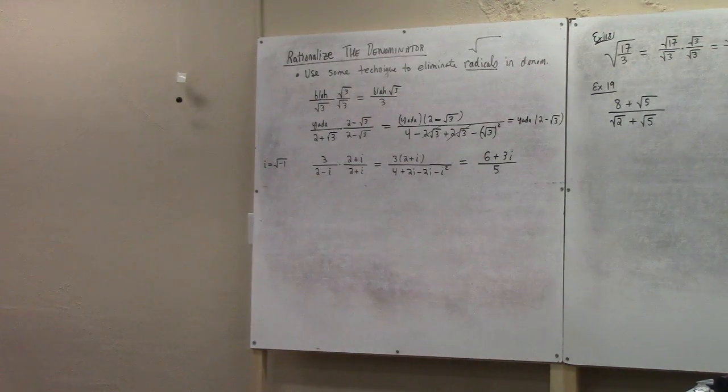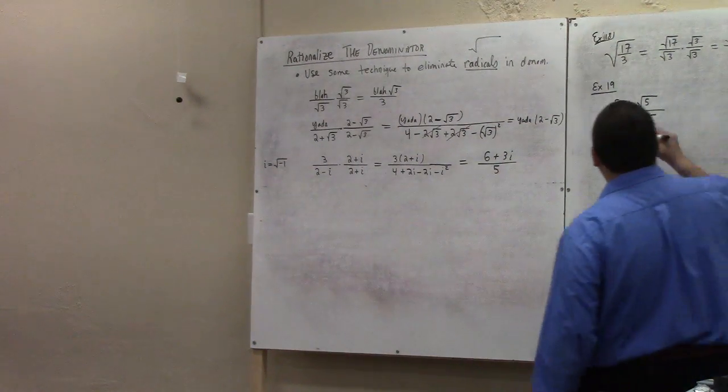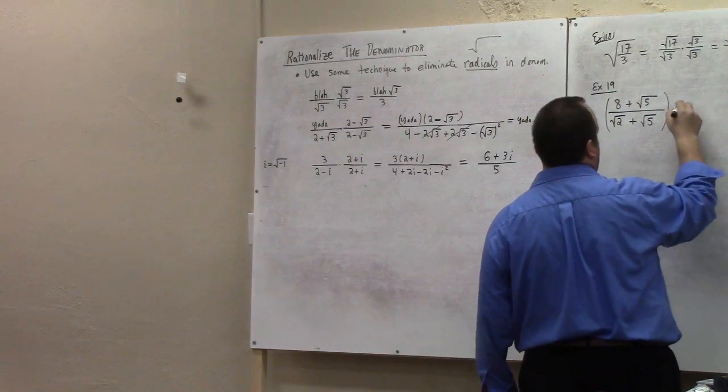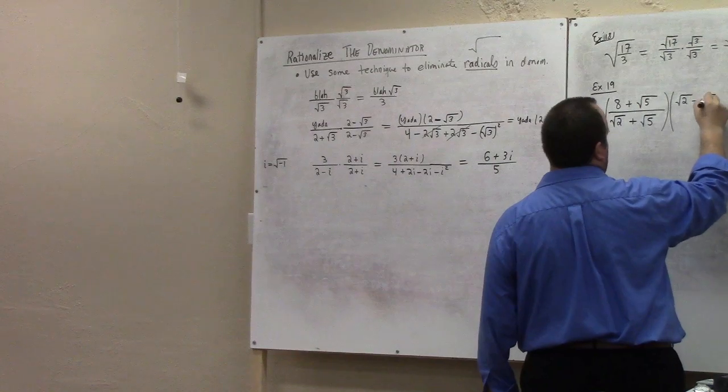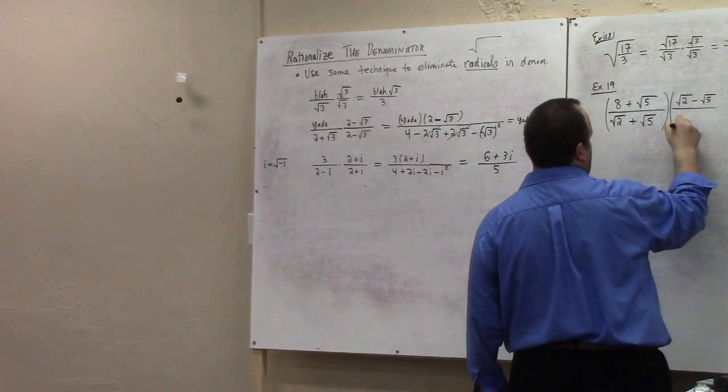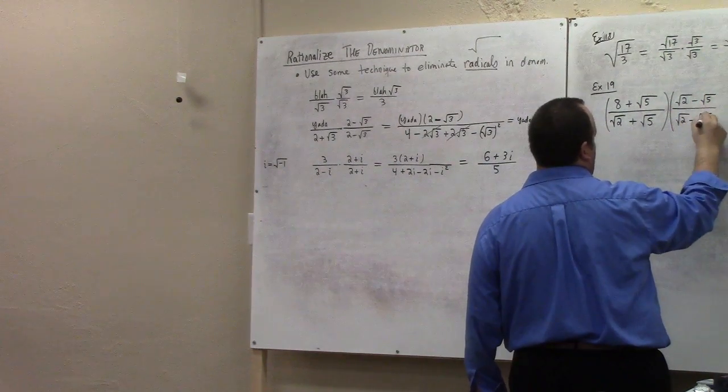Oh well. You'll forgive me. I hope we can figure out how to do this one. I think if we multiply by square root of 2 minus the square root of 5, that's going to do it. I mean, we'll try. I'm going to try that. If it works, it works. If it doesn't, then I'm going to be sad.